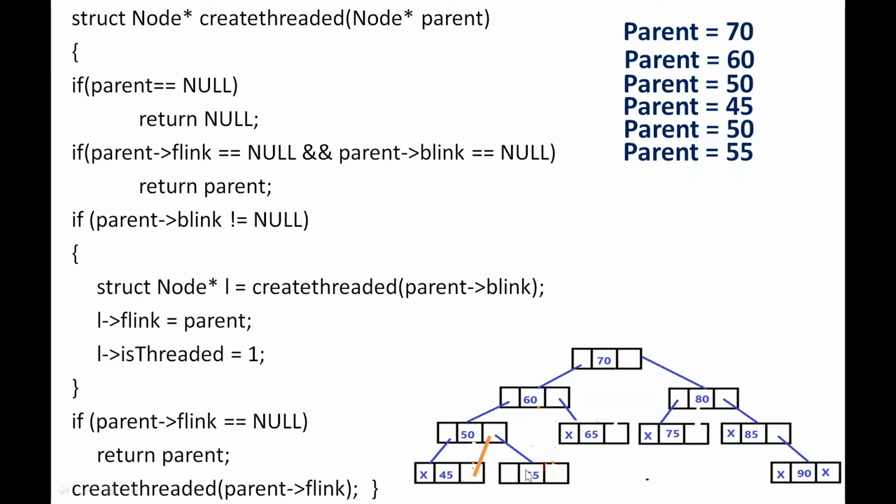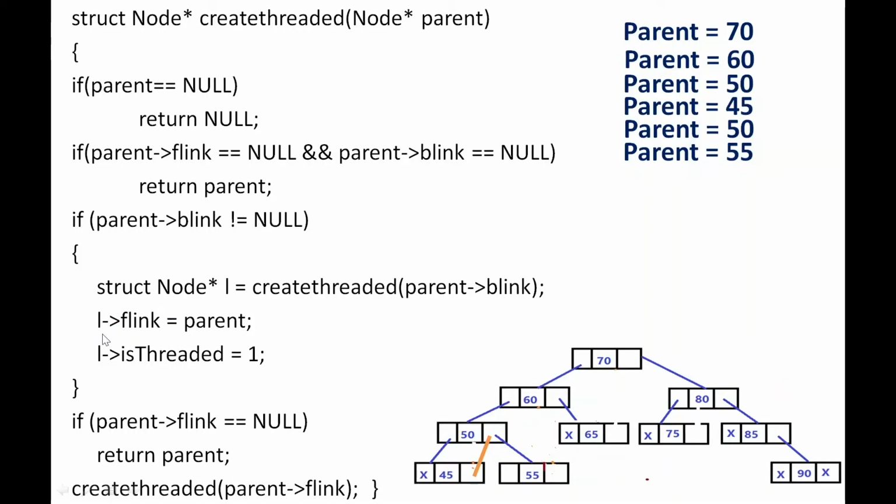So the return value will go to the previous function call of the previous call, which is 60. So before 50, the last call was 60. This returned value, that is the address of node 55, goes to 60, not 50. And the reason is 50 is already completed. The recursive call of 50 is over.